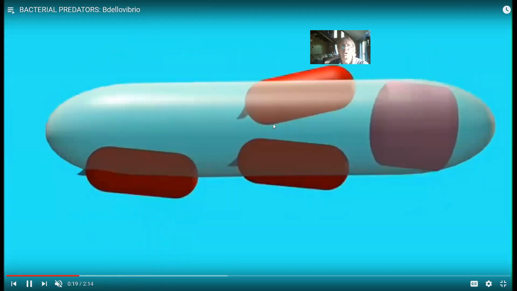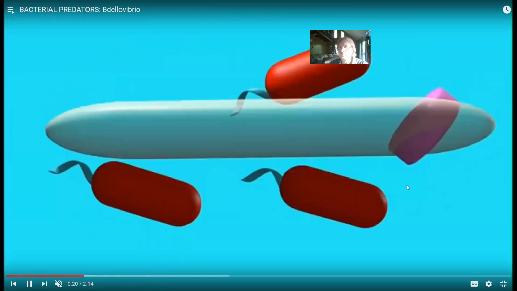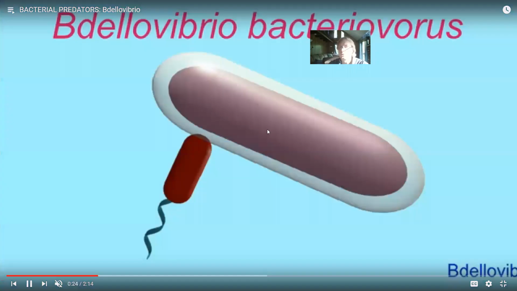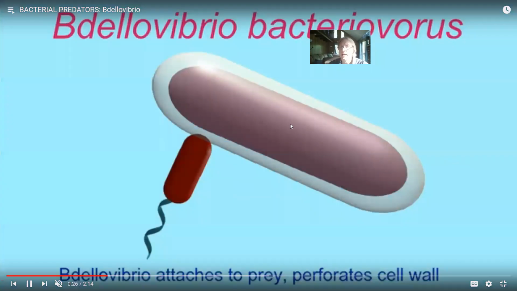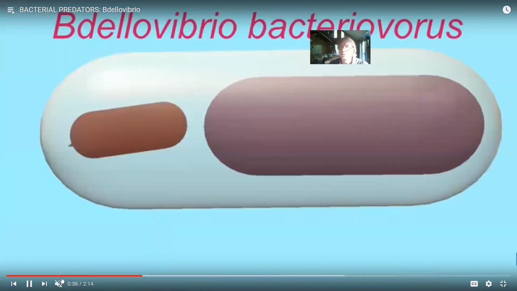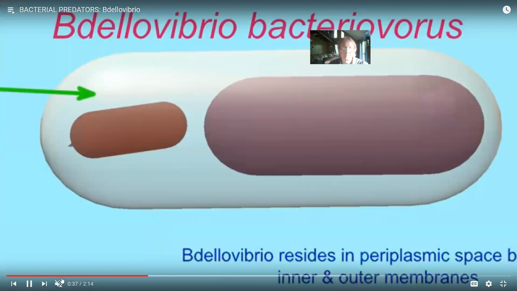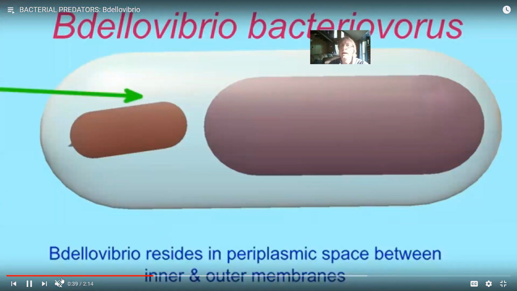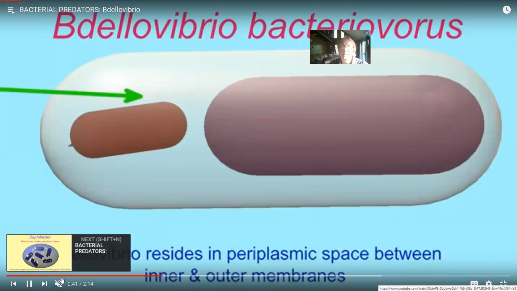And so here you see a bacterial predator, which was able to attach to its prey, penetrate the cell wall, and then inside the cell make use of its molecules for both energy and as a source of carbon. So it is a type of bacterial predator.